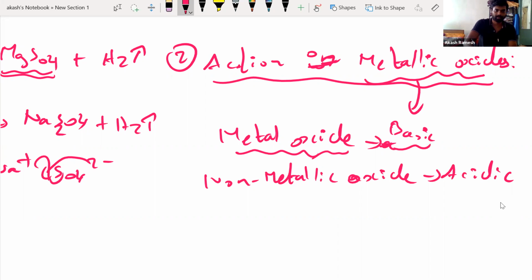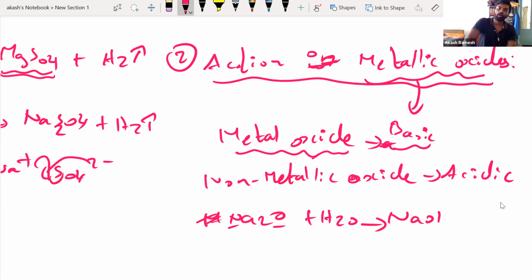I'll prove it to you like this. Say I take any metal oxide, say Na2O, sodium oxide. Sodium is a metal, oxygen is there. When I dissolve it in water, you are actually going to form NaOH.